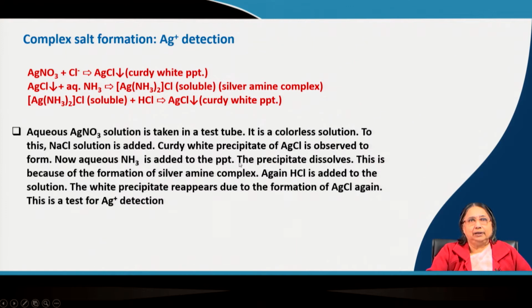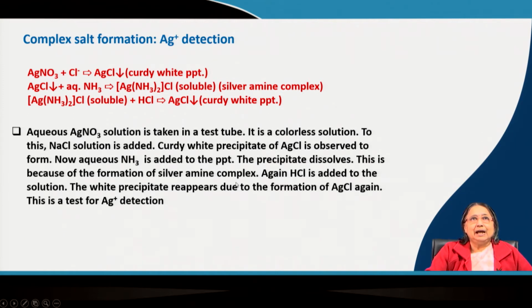Then what will happen? If you add the ammonia solution to the silver chloride precipitate, then the precipitate will dissolve. Why will it dissolve? Because it will form the silver amine complex, that I already showed you. This is because of the formation of the silver amine complex.